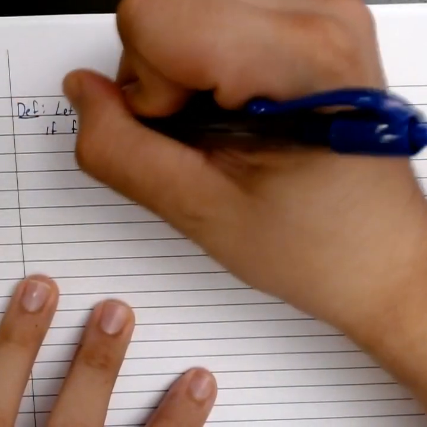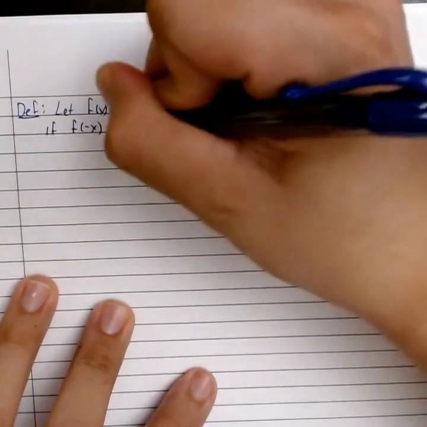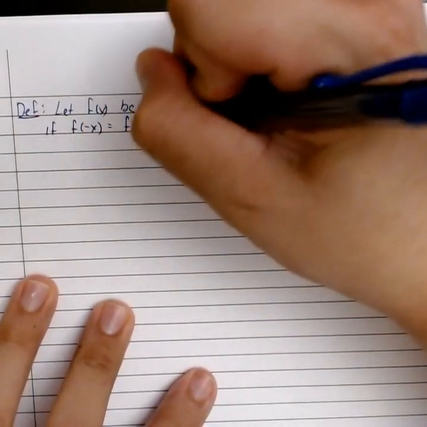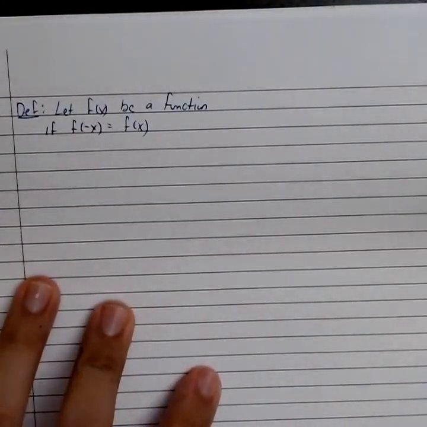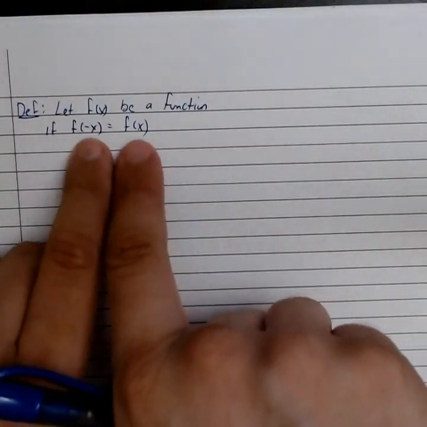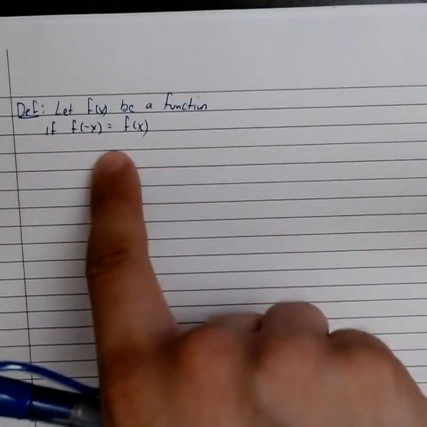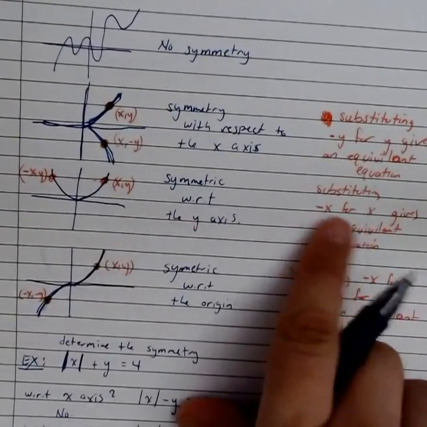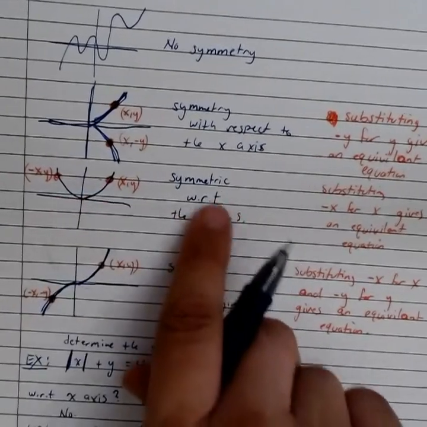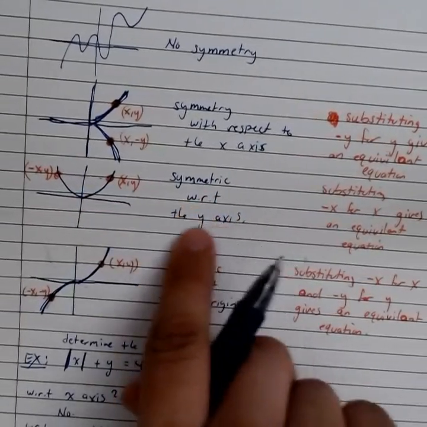If f of minus x and f of just regular x are equal to each other, or in other words, if I replace an x with a minus x and nothing changes, well, that sounds familiar. If I replace an x with a minus x and nothing changes, then my function will be symmetric with respect to the y-axis. That's called being an even function.